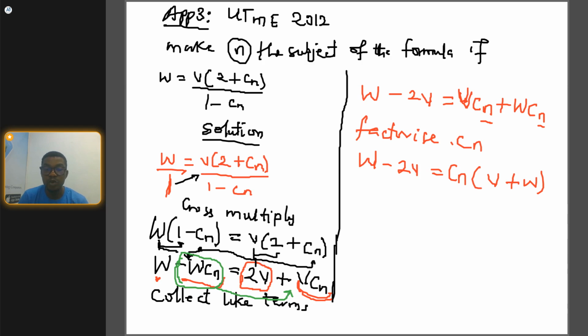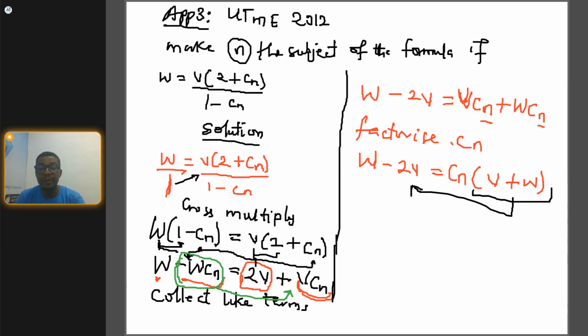Now we are working towards getting n. This bracket beside n, let's take it away. We take it away by bringing it under this place as a denominator. That means you have divided both sides by v plus w.